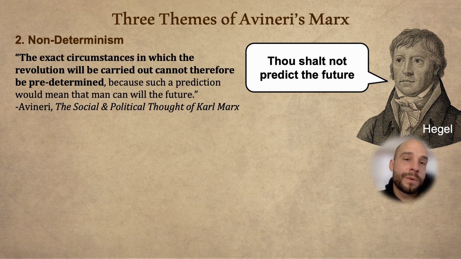This isn't a direct quotation, but there's a general dictum for Hegel that Marx sometimes violates, which is, thou shalt not predict the future. The future is not set. All we can do is look at imminent trends within history, see their direction, and then kind of see what we can do about it.